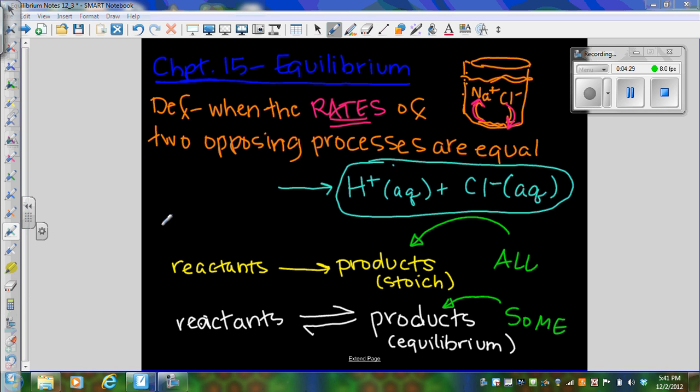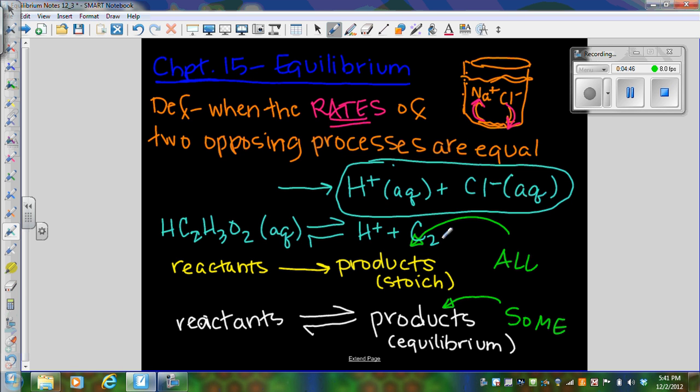Compare that to something like acetic acid, which we know is a weak acid. And so when you have a solution of acetic acid, you have some protons, you have some acetate ions, and then you have much more of your actual acetic acid molecule that remains. And so that's how the two differ from each other.